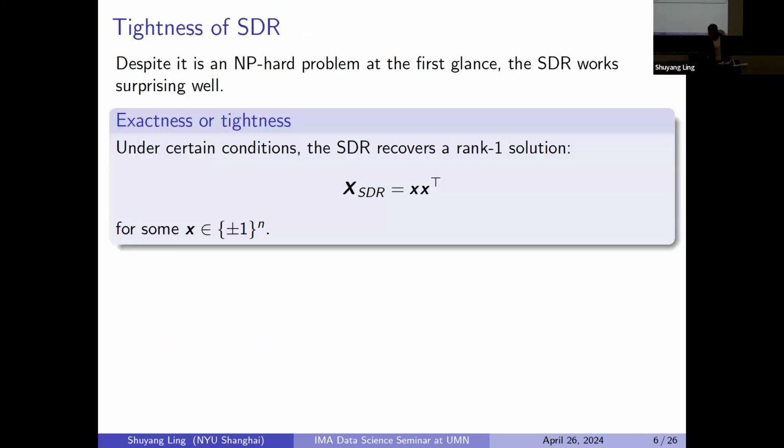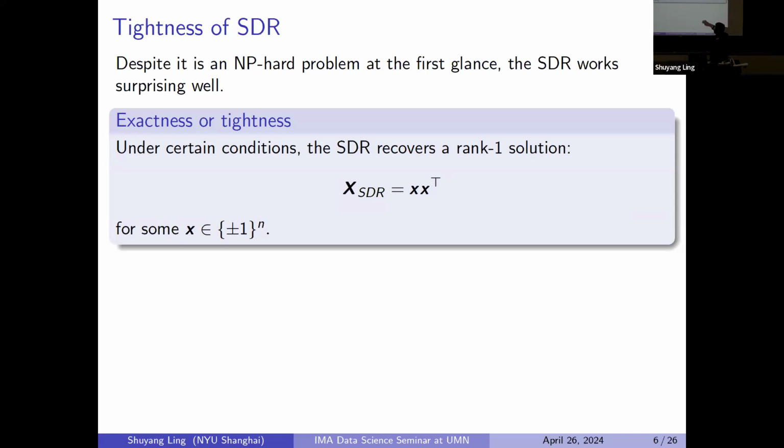And how well does it work in practice, at least for this statistical model? In fact, it worked very well. Under certain conditions, the SDP, semidefinite programming, relaxation is able to recover the global minimizer of the seemingly NP-hard problem exactly.